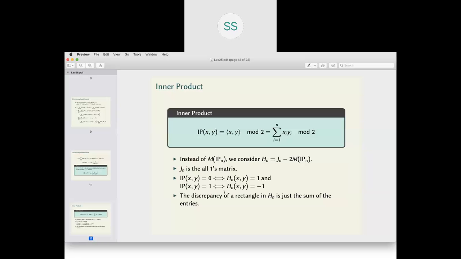So the discrepancy of a particular rectangle, let's say you are considering the uniform distribution. Now, instead of number of zeros minus number of ones, or weight of zeros minus weight of ones, if it's a uniform distribution, you could just add up the entries of that rectangle, because ones and minus ones, when added up, cancel each other.